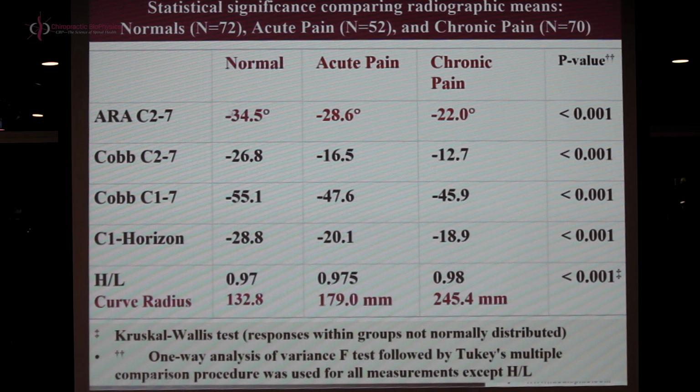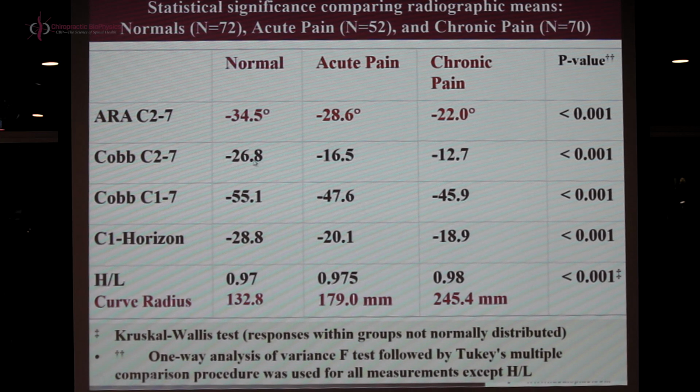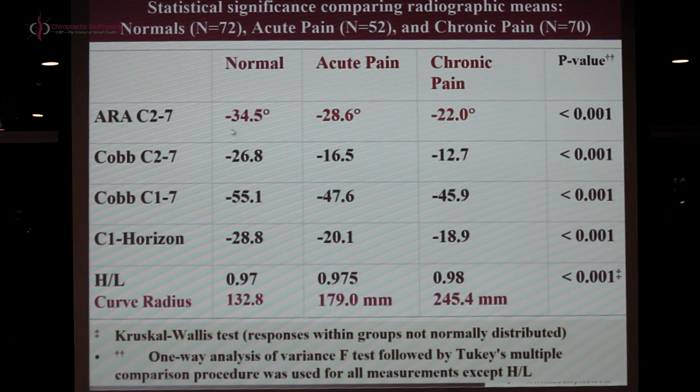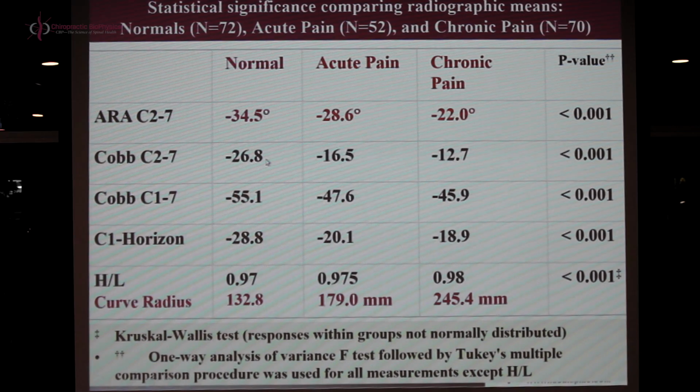Now, I do want you to note one thing. Notice in the same subjects, we go from a 34-degree curve down to a 26-degree curve just by using a different measurement. This is important. Now, Cobb angles at C2 to C7, depending on the study you look at, are anywhere from 9 to 15 degrees less than the ARA.